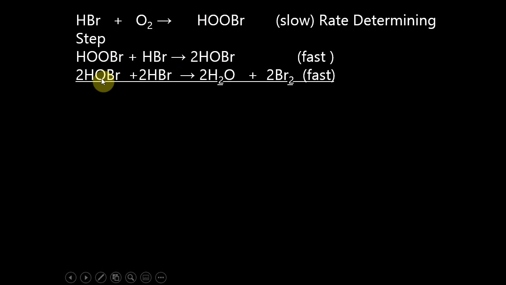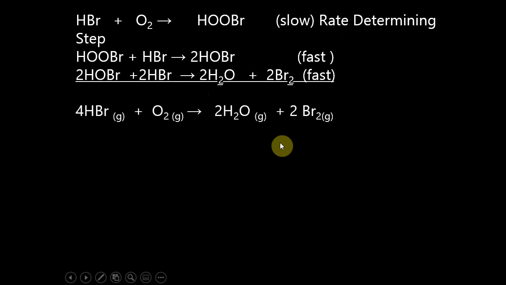And then those two guys break up and react with two of these guys to give us the water and then the bromine. The mechanism is this step-by-step sequence. And then what we decide is that one of these steps in the mechanism is what we call our rate determining step. And that's the one that dictates the overall rate. And we end up with our final product here.